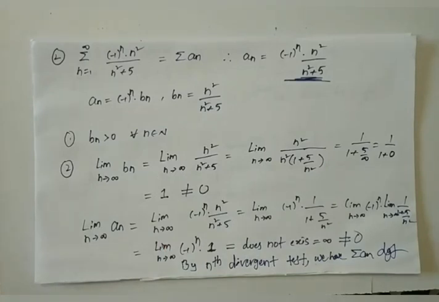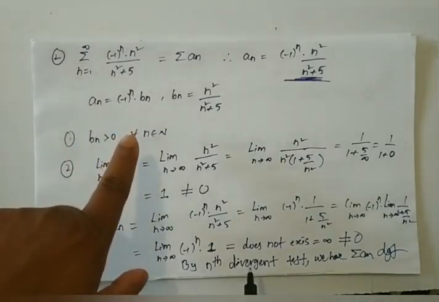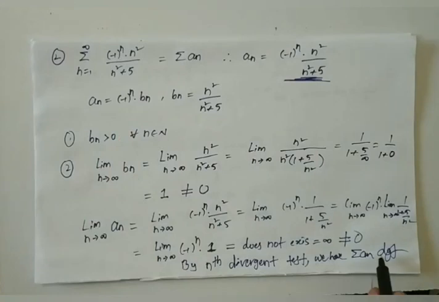So here the series is divergent only by the nth term divergent test, not by the alternating series test.